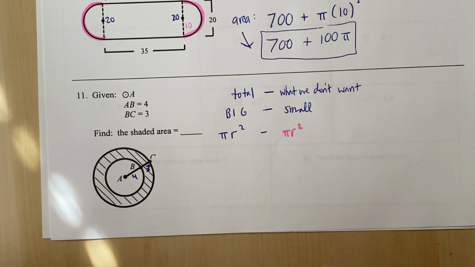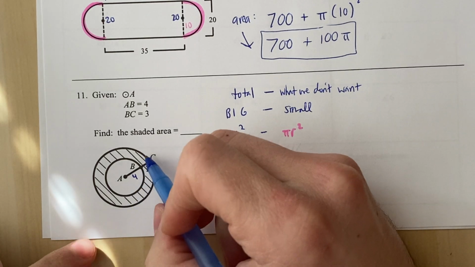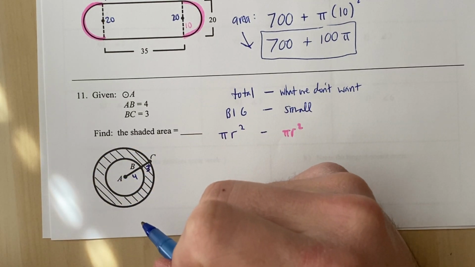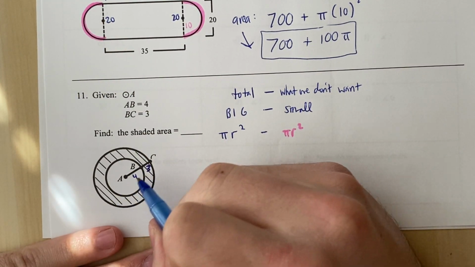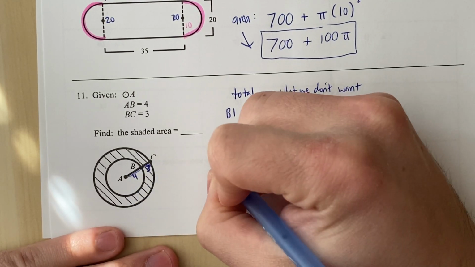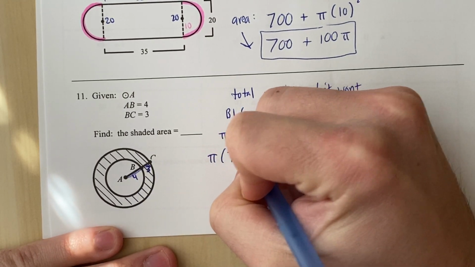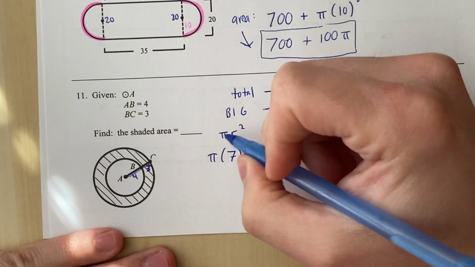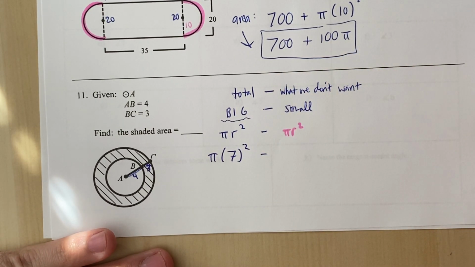Two different pi r squareds. So of this big circle, what's the radius? The massive whole thing. Well, 4 plus 3 makes this inside 7. So this would be pi r squared, that's the massive big circle.